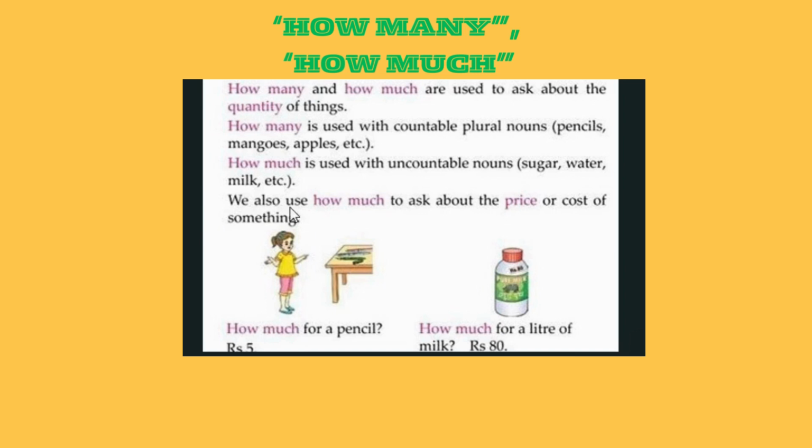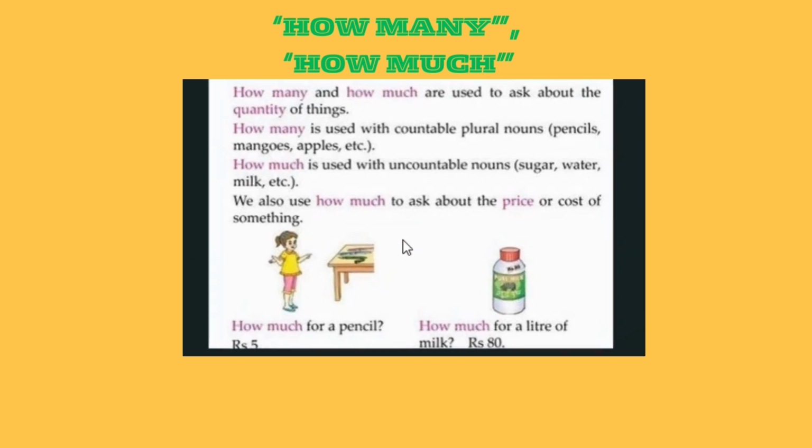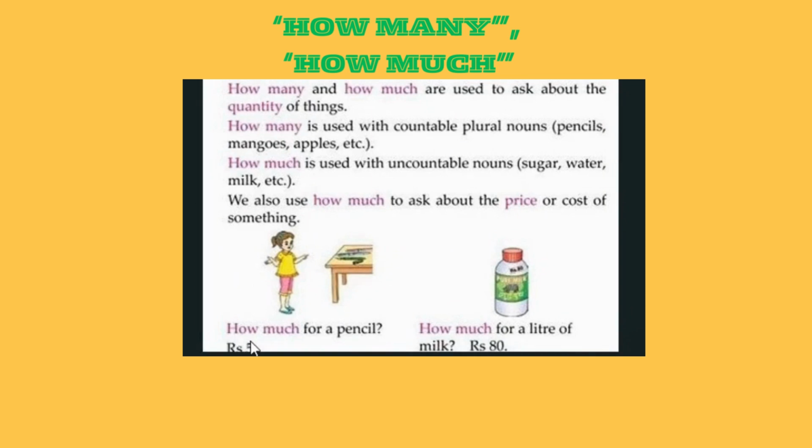We also use how much to ask about the price or cost of something, like how much for a pencil? It's 5 rupees. How much for a liter of milk? It's 80 rupees. So to ask for a price, that is where we use how much.